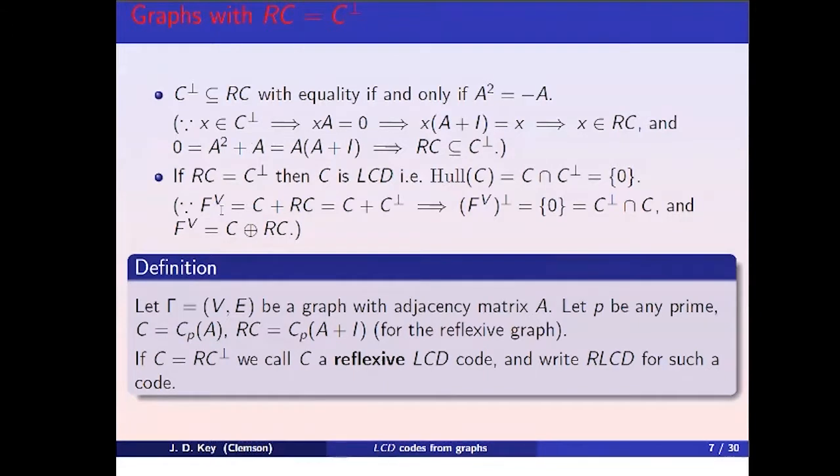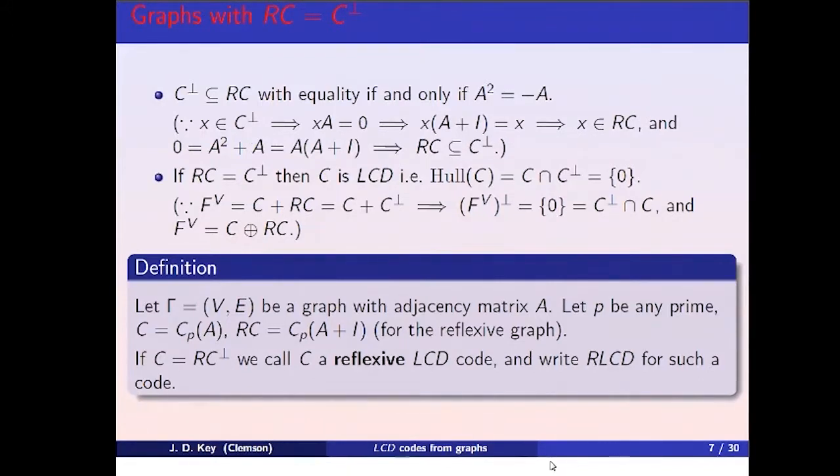That is because F to the V is the sum of these two, which is now C plus RC, which is now C plus C perp, and therefore its dual is 0, because the dual of the full space is 0, so that means C intersection C perp is 0. So it's a direct sum, and that's what we like here.